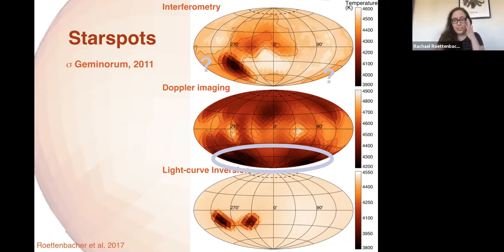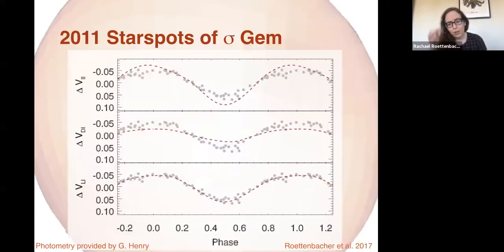We were able to see and compare these images, but we wanted to go a step further, and we took those surfaces and reconstructed the light curves of those. Here in the same order, the photometry on the bottom, and then Doppler imaging and the interferometry on the top, we're able to compare the observed light curve in gray to the reconstructed surface's light curve in the red dashed line.